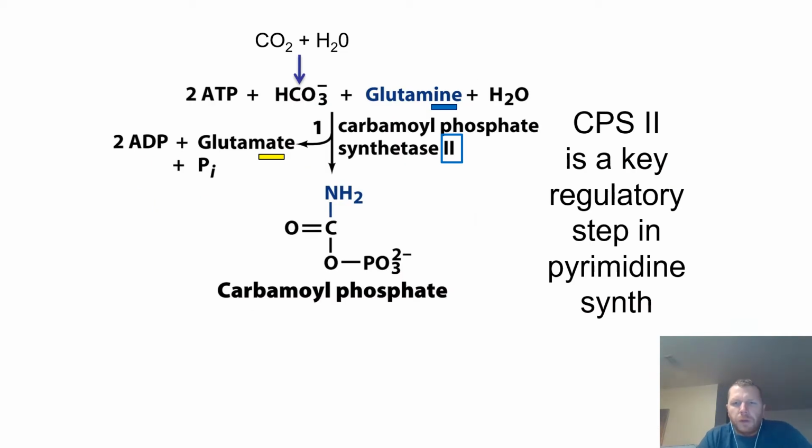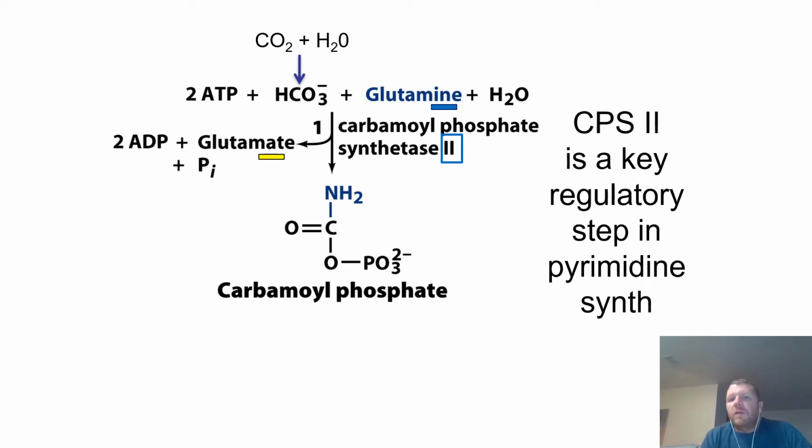So the first thing that we need to talk about with respect to pyrimidine biosynthesis is that we have to begin actually synthesizing our molecule, but we're presented with something that's a little bit familiar. We're presented with carbamoyl phosphate synthetase 2. CPS2 is a key regulatory step in pyrimidine synthesis.